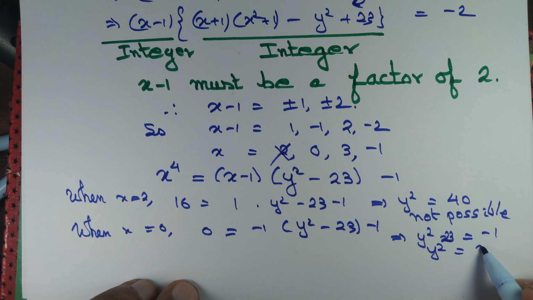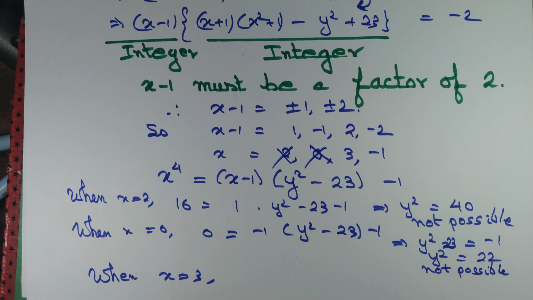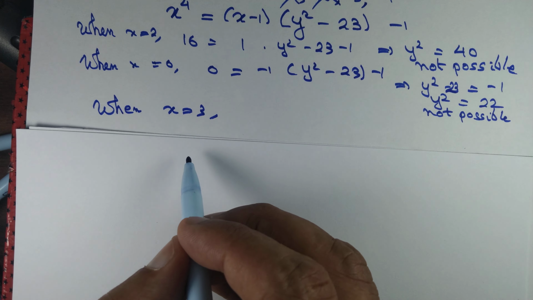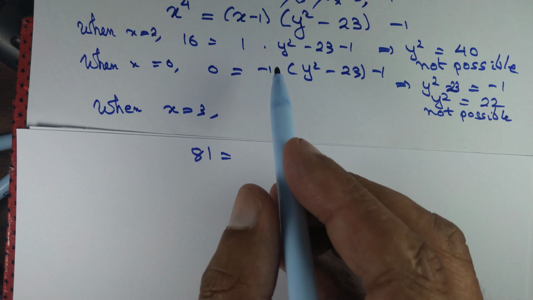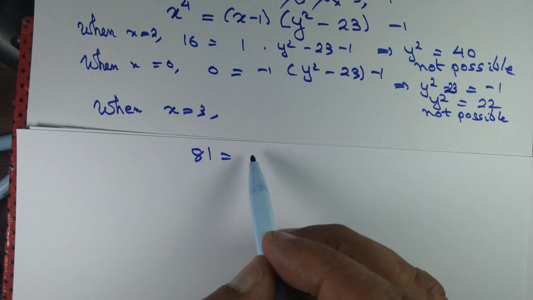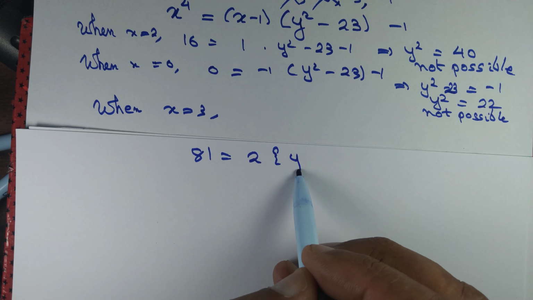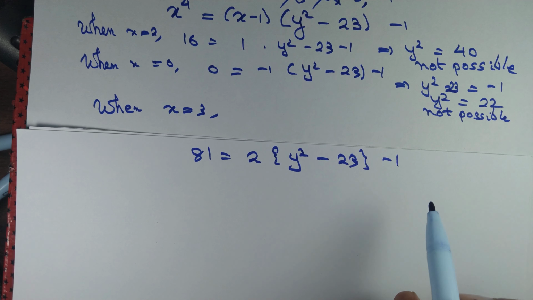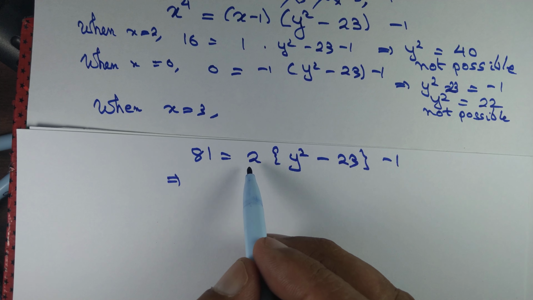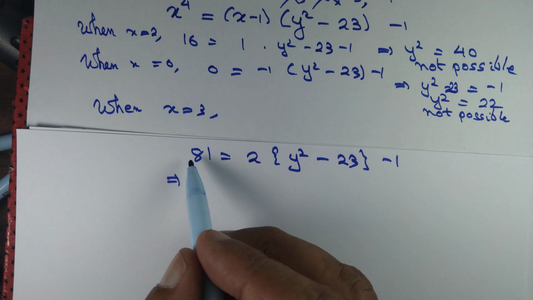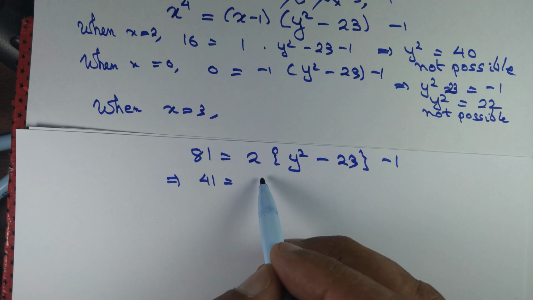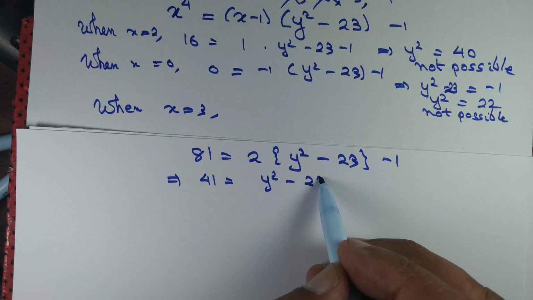Next, when x equals 3, 3 to the power 4 is 81, equal to 3 minus 1, which is 2, times (y square minus 23) minus 1. 81 plus 1 is 82, and 82 divided by 2 is 41. So 41 equals y square minus 23.